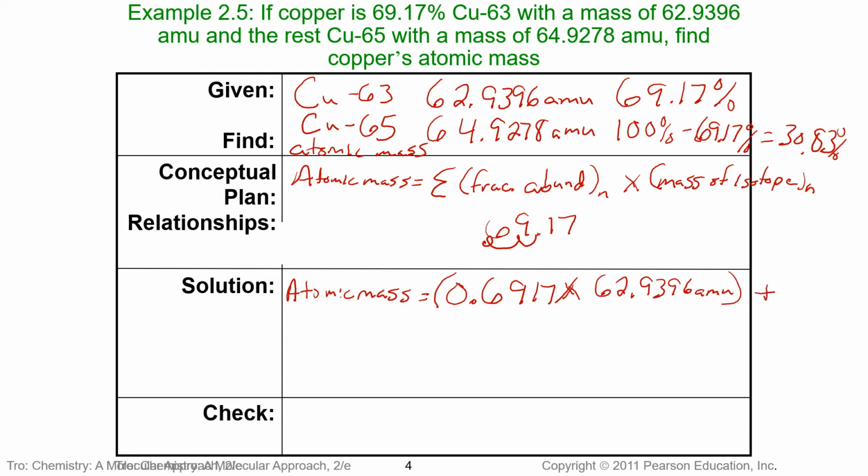And then we're going to add to that the fractional abundance of copper 65, which again we're dividing by 100, so it becomes 0.3083 times the mass of copper 65.